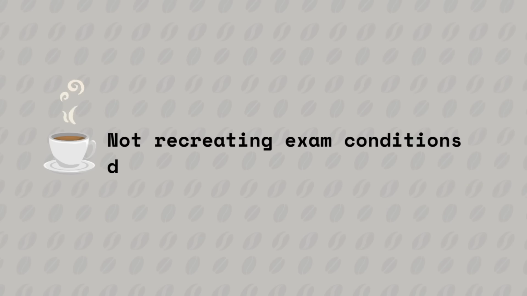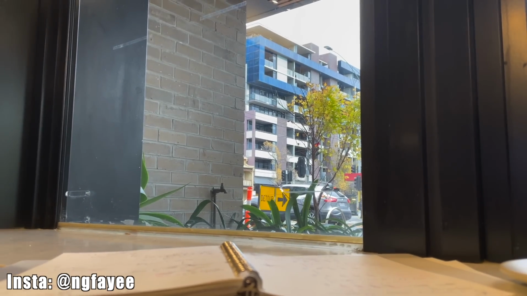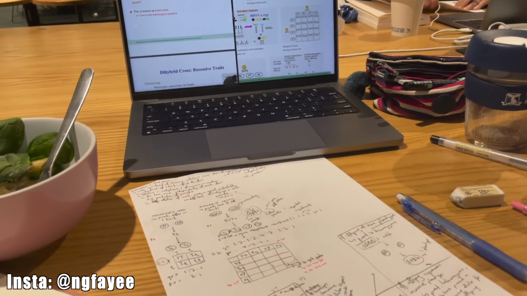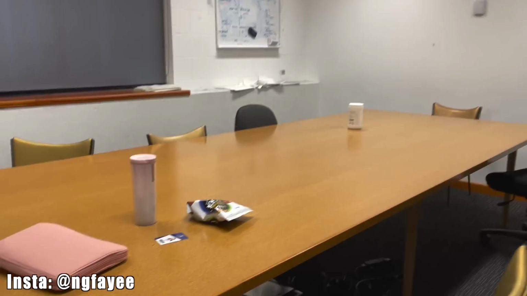Next, not recreating exam conditions during revision. A day or 2 before your exams, try studying alone or at the place you're going to take the exam. I did this for all my exams and it helped so much. After studying with my friends or in cafes for so long, I had trouble focusing when I was studying alone with no background noise.